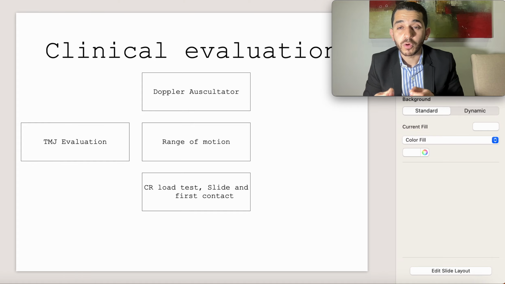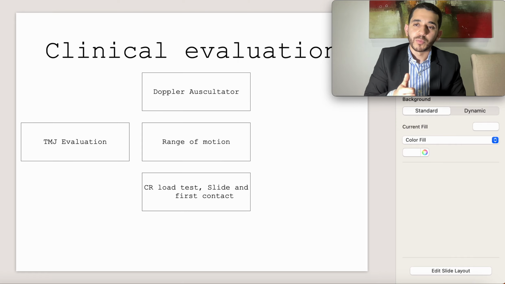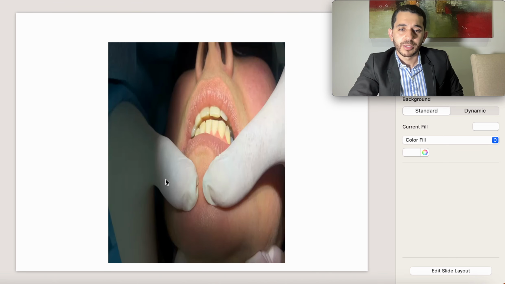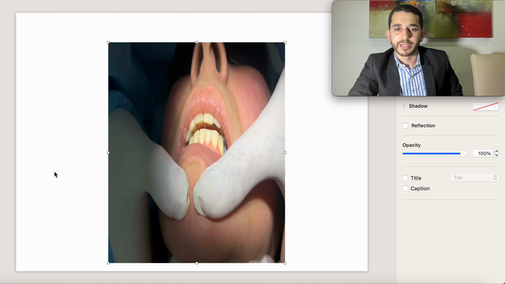It's really important to know that your medial pole is okay. So you don't only want to measure the range of motion and to hear it, you need to test it, all right? So this is what a bimanual manipulation looks like.